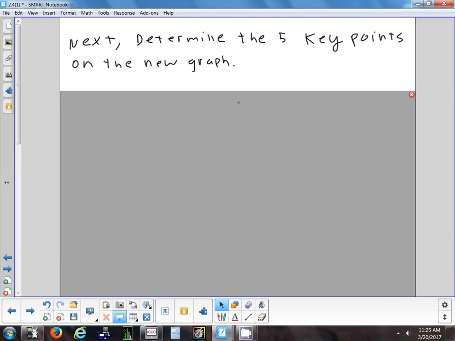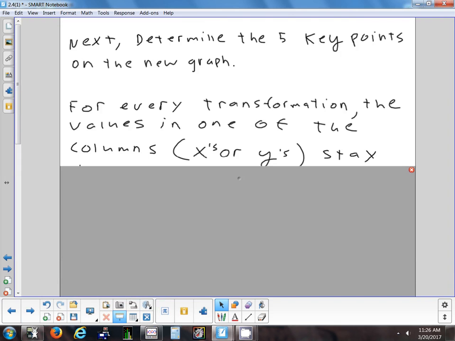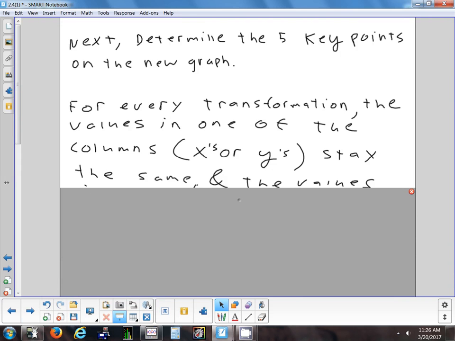Okay, so after you have your original table, then you have to do your transformation. For every transformation that we do, since we're only doing one transformation at a time, one of the columns will stay the same in the original table, and the other column will change.